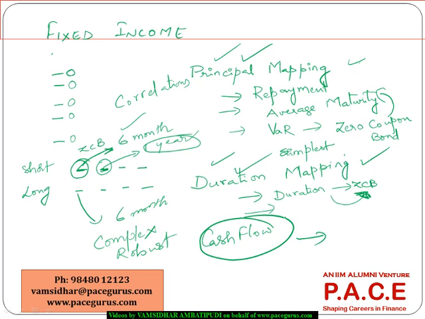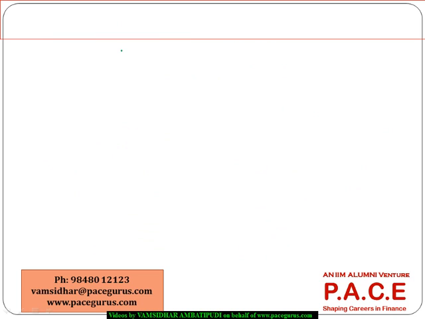Each position, short, long, each position is decomposed based on the present value of the cash flows, and then they are mapped to zero coupon bonds of those particular maturities. And probably if required, the intermaturity correlations are also being considered for the final computation of VAR. Now, in case there is a perfect correlation between the various maturities, right?